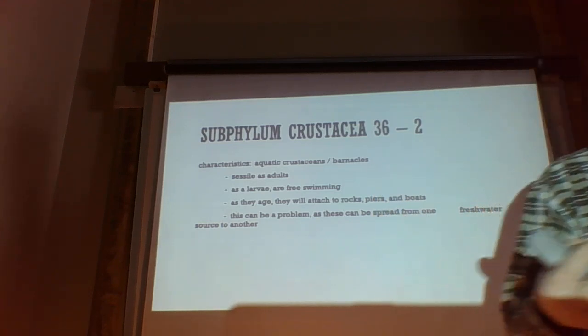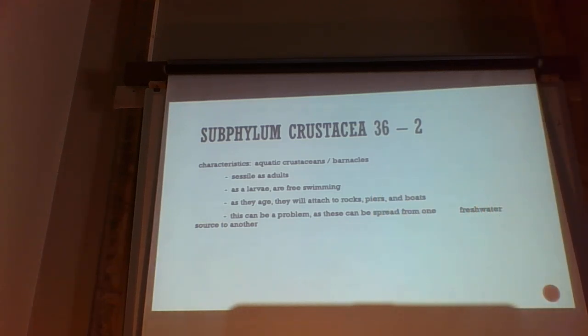And the one that we're really having problems with in South Dakota is the zebra mussels, okay? These are an invasive species because once they spread, I believe there's no natural predator for them. And that's why these get to be a problem in freshwater sources.